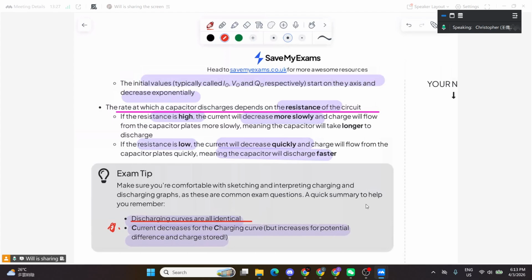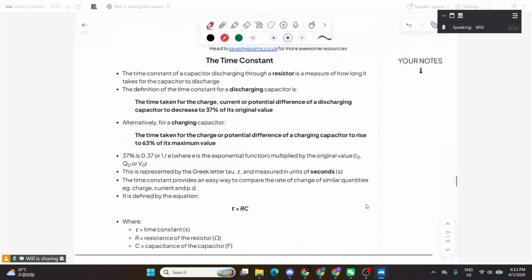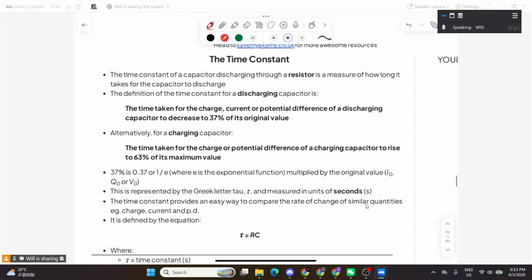Now look at the new knowledge, that is the time constant. Here's the definition of the time constant.